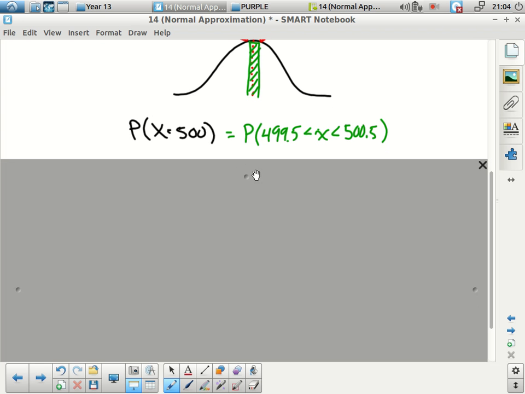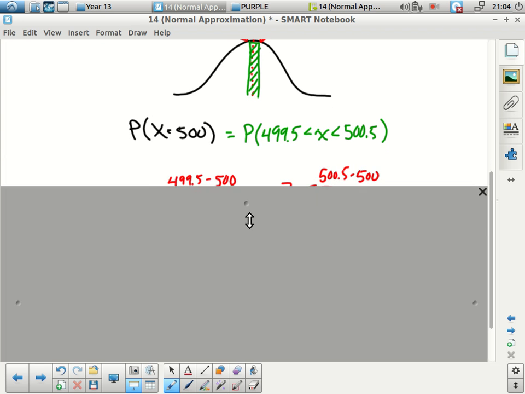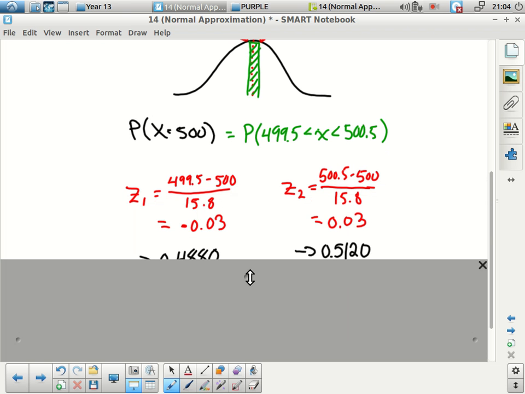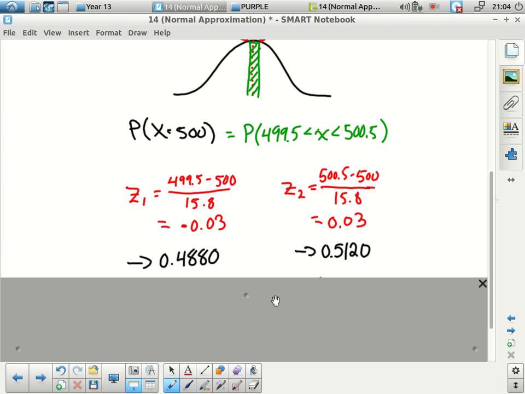Now we can run this through z-scores. Here are the two side calculations for the z-scores. For z1, the lower score, I get a z-score of approximately negative 0.03, which corresponds to a percentage of 0.4880.